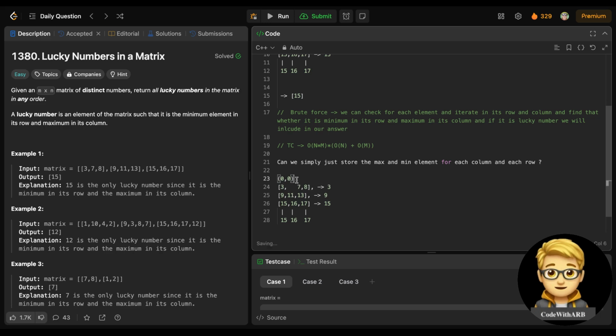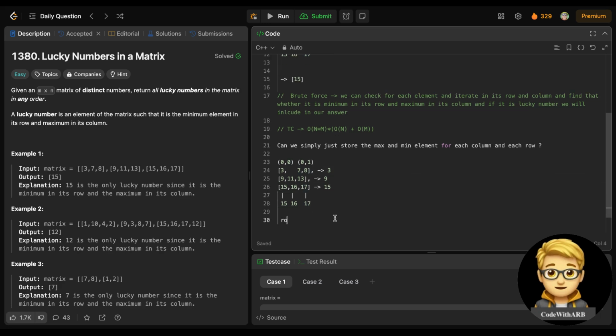Like if 0 and 1, so 0 is the row number which gives 3, and 1 is the column number which gives 16. So this and this are not equal, right? So both should be equal. So row i should be equal to column j, should be equal to matrix i j. This should satisfy, right? And what are row i and column j?